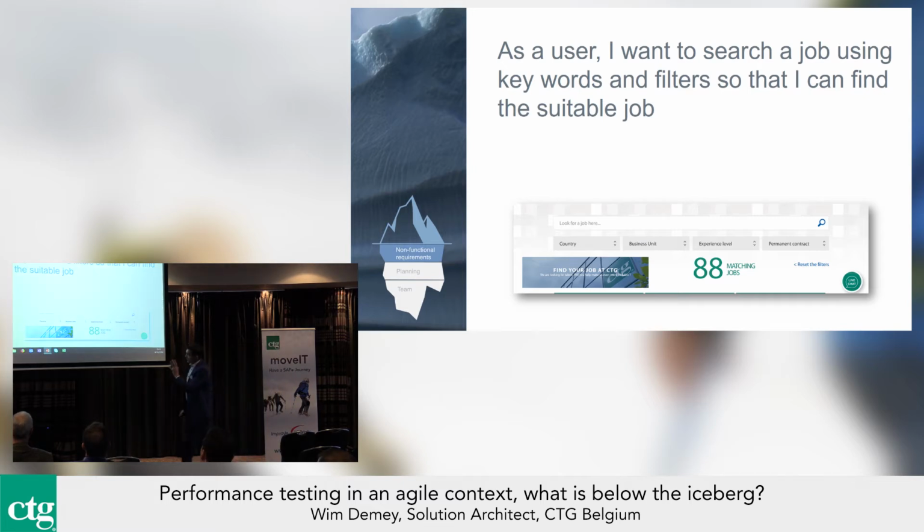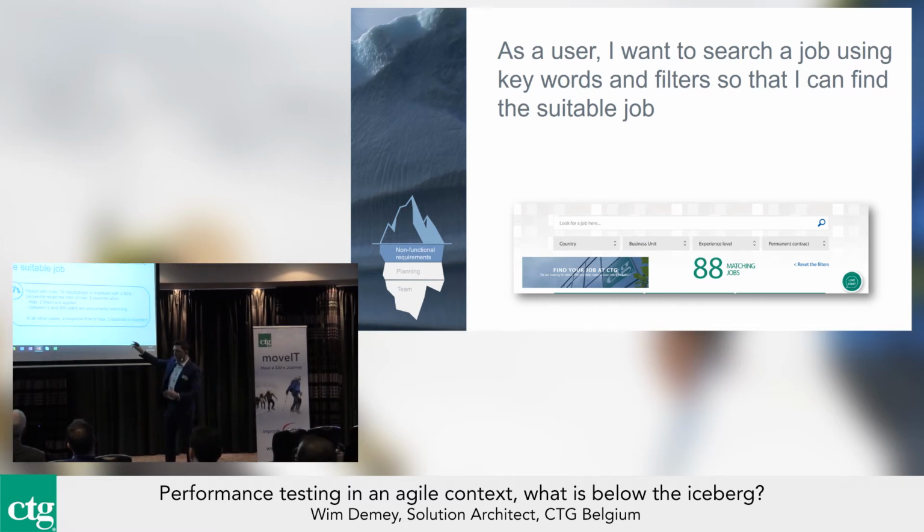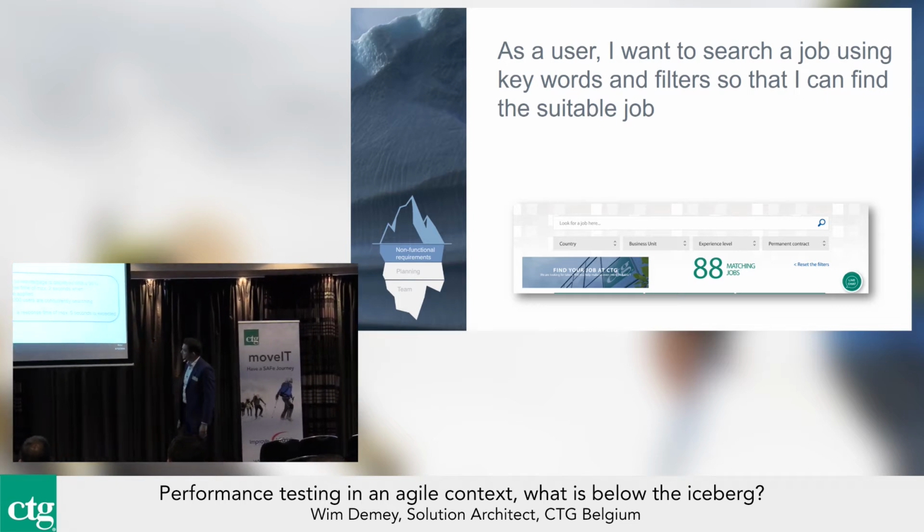And for this user story, I have a non-functional requirement telling something about the number of results displayed, the response time if I have applied filters, and the concurrent usage.